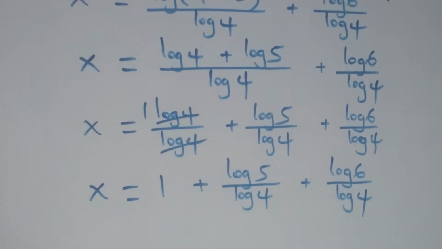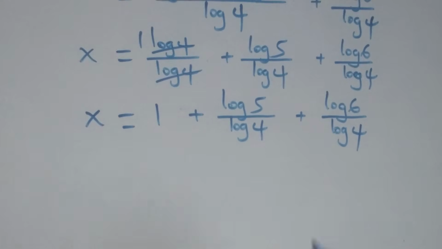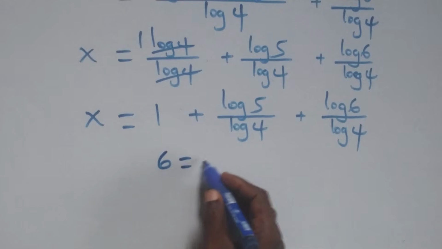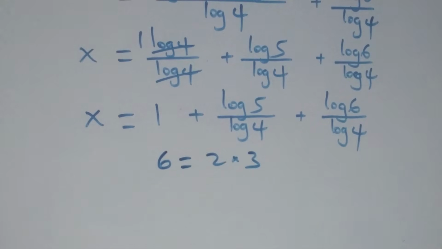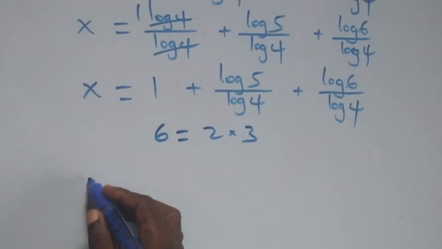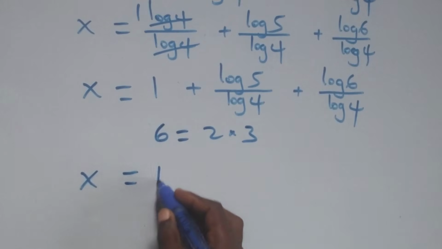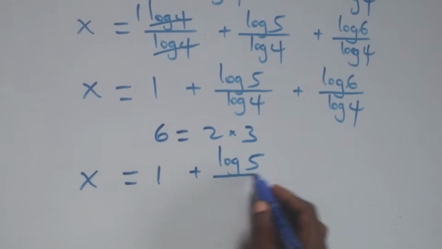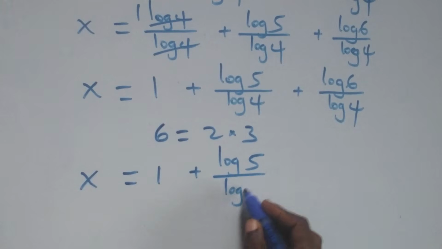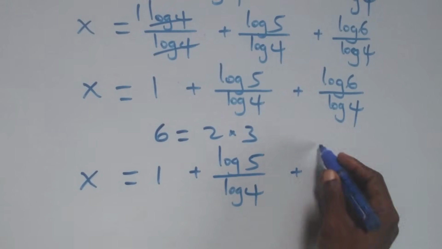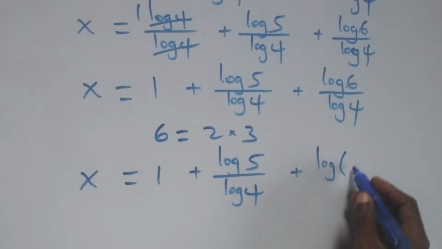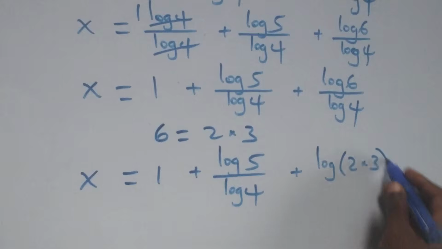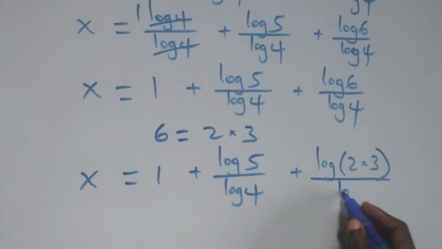So also 6 here, same thing as 2 times 3. That is, we can write it as x equals 1 plus log 5 over log 4 plus log 2 times 3 over log 4.